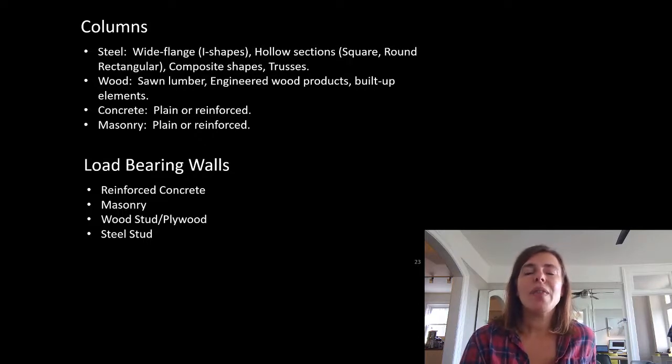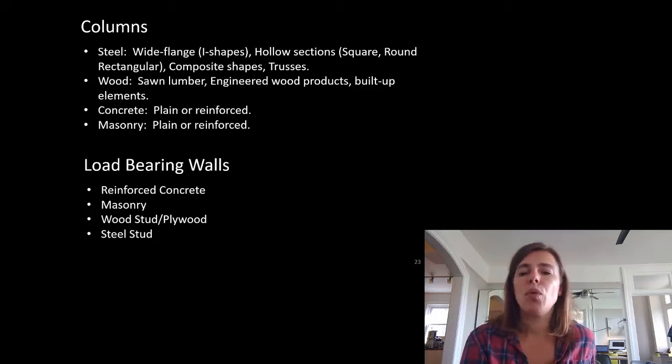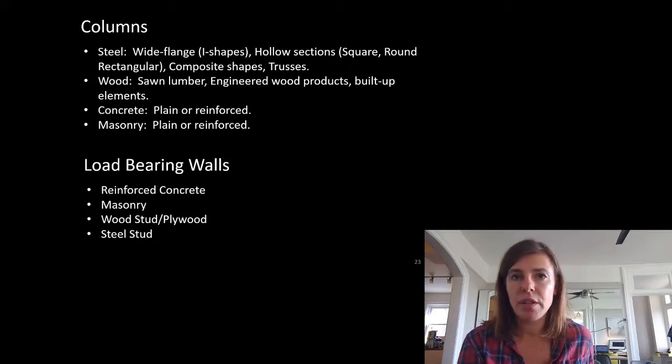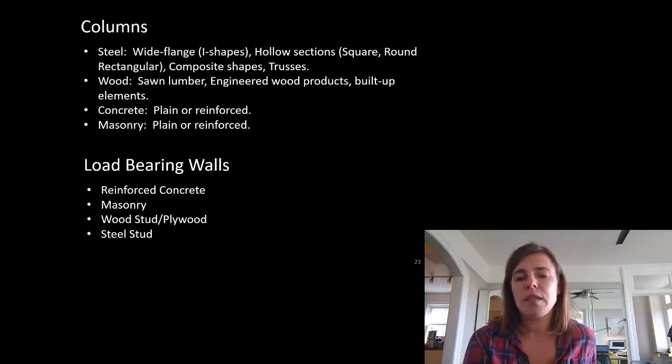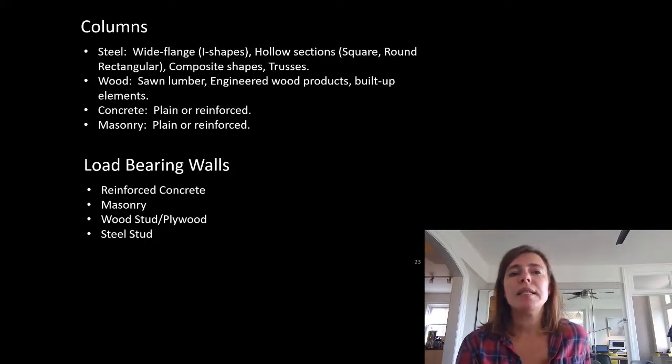Concrete columns can be plain if they're just in compression, but that is not the normal thing to do. It has no ductility. You would rarely do unreinforced concrete. Often it's got steel in it. Masonry, same thing. A masonry column would often still have reinforcing in it. Load-bearing walls: reinforced concrete, masonry, steel, wood stud and plywood, or steel stud.